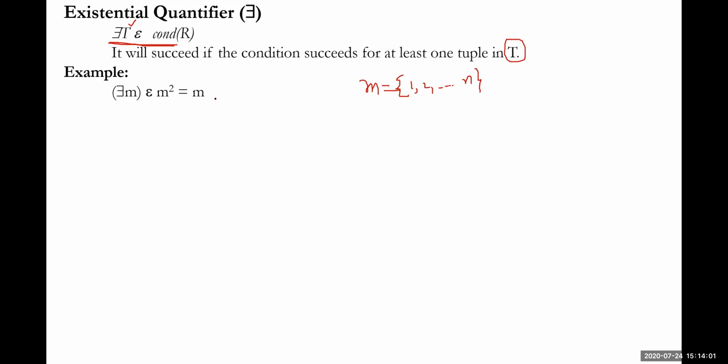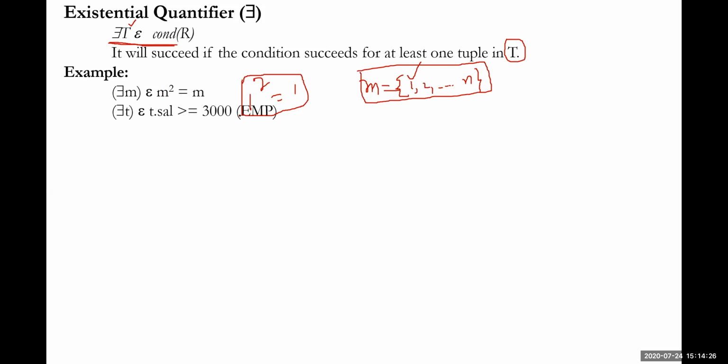So M square equals M. 1 square is equal to 1. So at least this particular condition has been satisfied, therefore M gets displayed completely. That is the meaning of there exists. At least one tuple gets satisfied, and the complete set of tuples gets displayed. So that is the meaning.